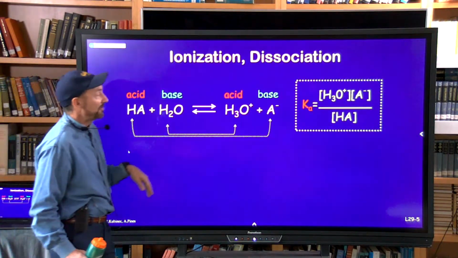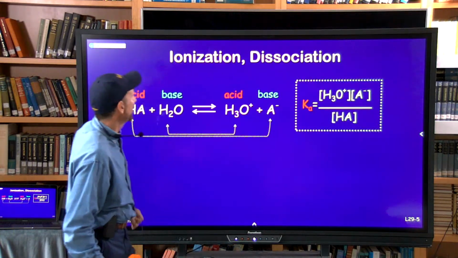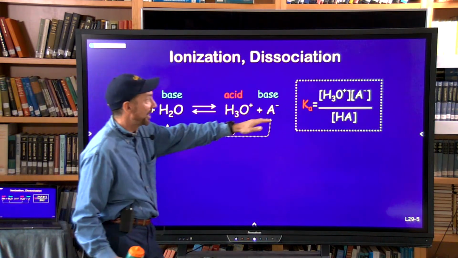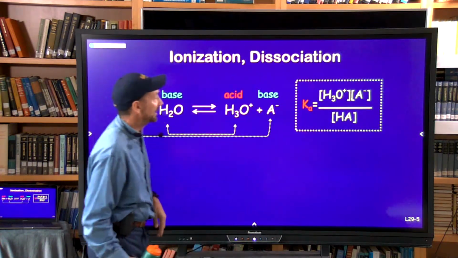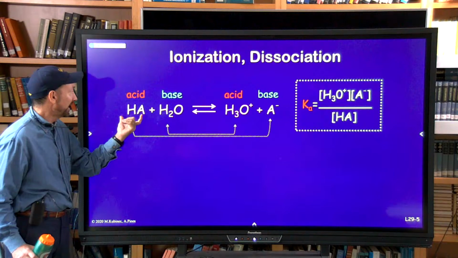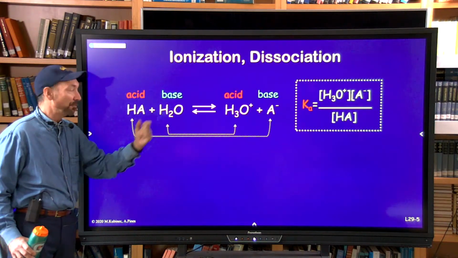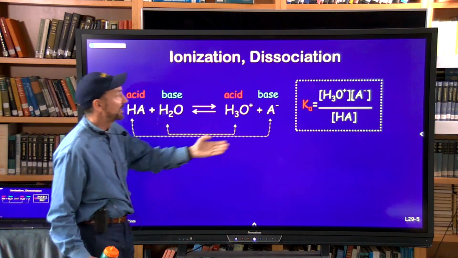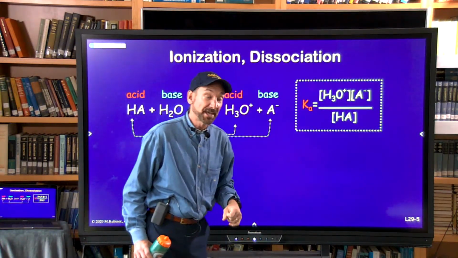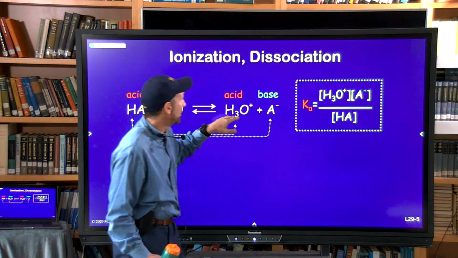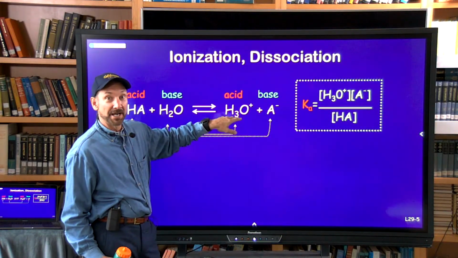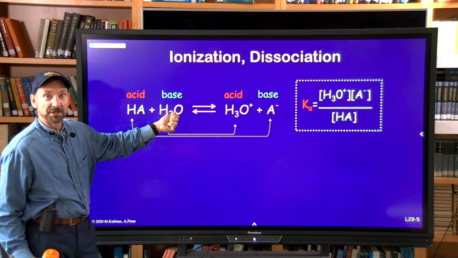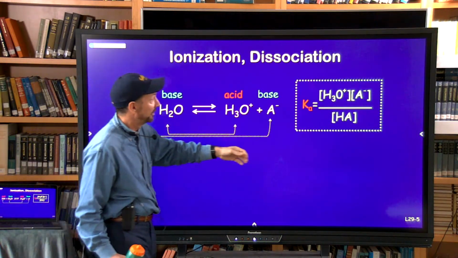We wanted to talk about that happening for the general case. The general case is an acid in water. If we put one of these acids or bases in water, we can write an equilibrium expression. The H₃O plus ion is formed because the acid donates a proton to a water molecule that's there.